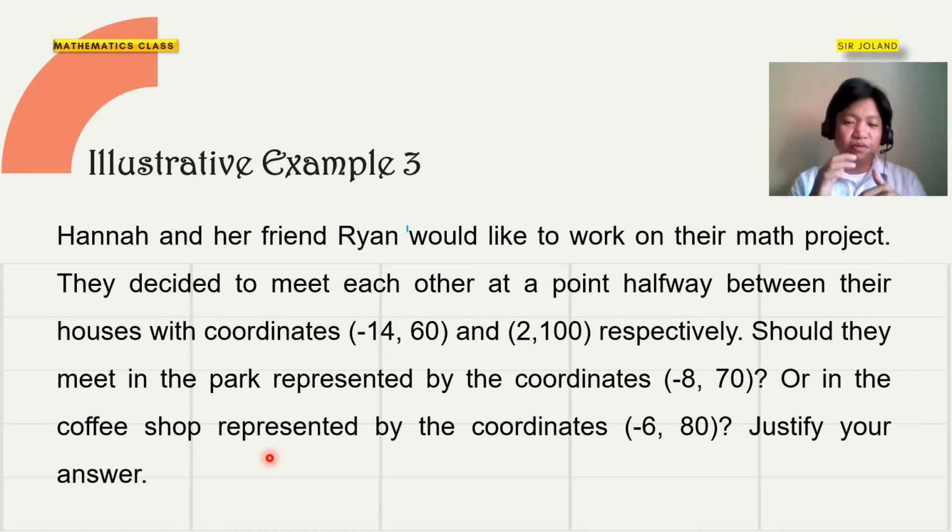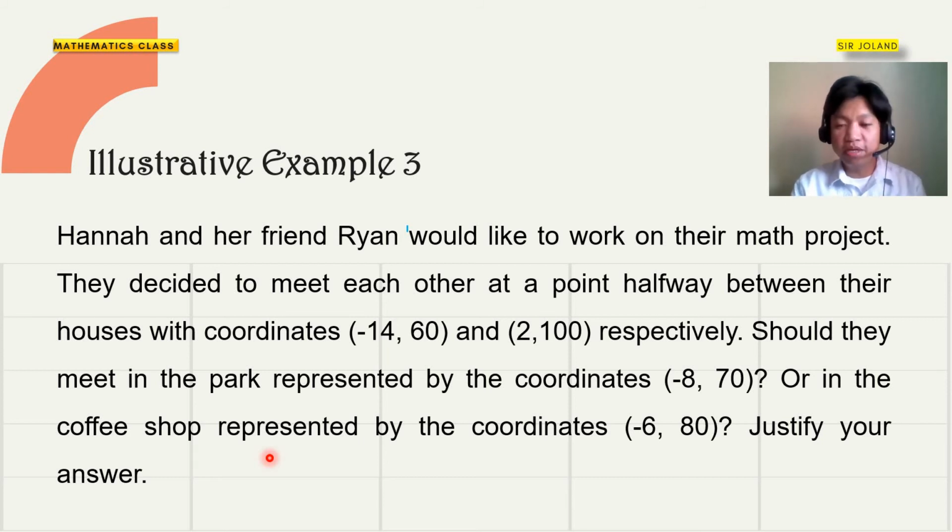So, yun yung ating problem dito. Kung kailangan mo na maintindihan, again, pag problem solving, i-visualize mo muna yung scenario. Ano ba yung nandoon sa problem? Saan ba dapat sila magmi-meet up? Sa park ba? Or sa coffee shop? Okay?